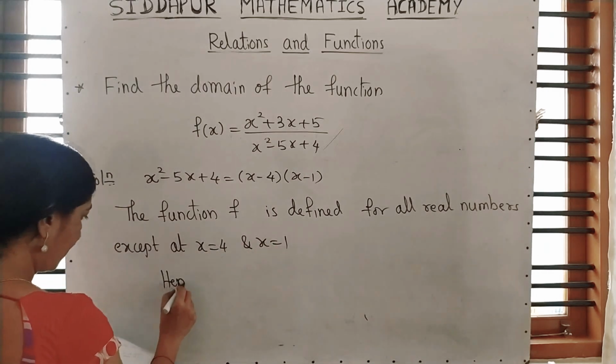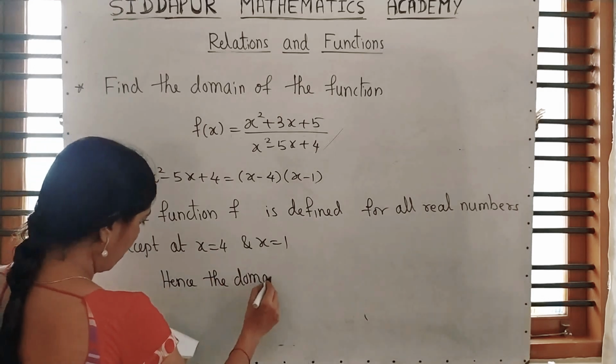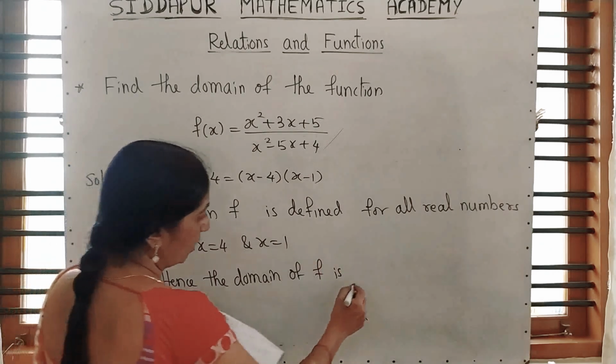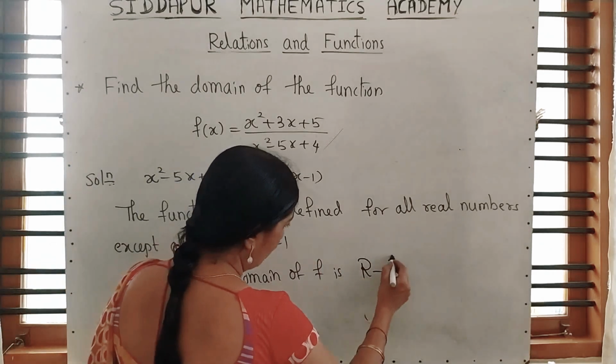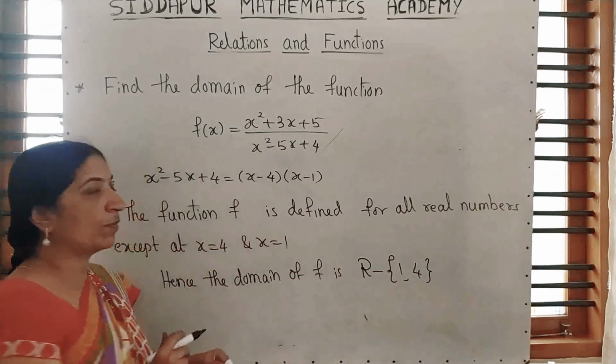Hence, the domain of f is, as you know, defined for all the numbers except 1 and 4. That's why I wrote minus 1 comma 4.